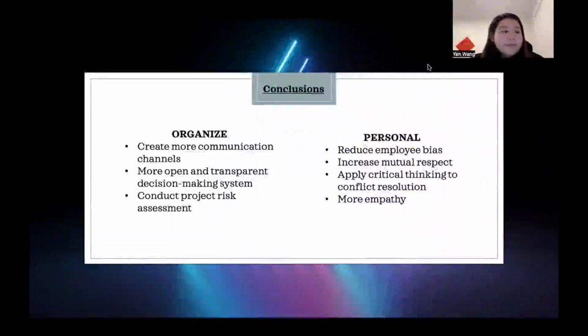Thanks, Max. And for the conclusions, this report begins by explaining the difference between confirmation bias and cognitive bias. Then it analyzes the reasons for the conflict between Hannah and Marta. No matter whether from their identities, experiences, positions, or values, including the way of dealing with things, they all have an impact on the occurrence of the conflict.